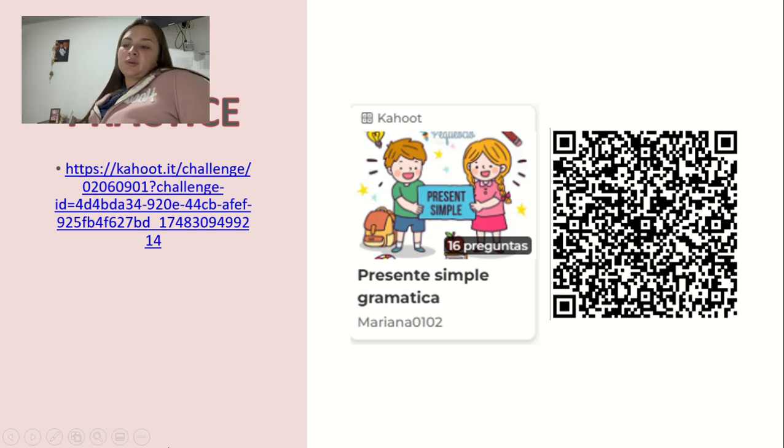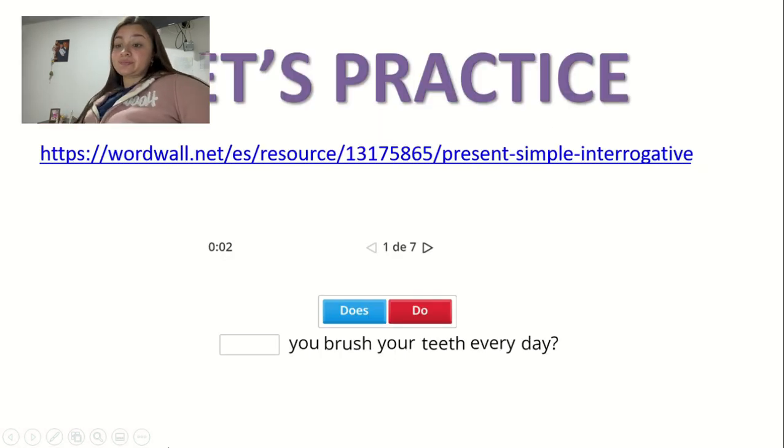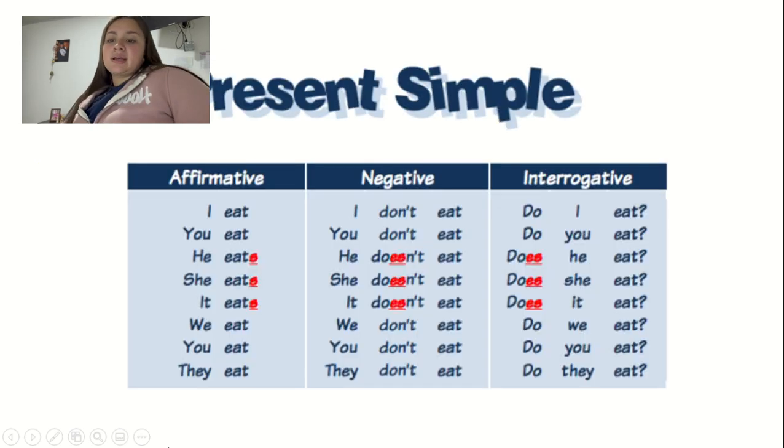Obviously we have a lot of practice that is talking about the question form. The students have to choose if we use the auxiliary do or the auxiliary does, and that is like a summary about a lot of things and subjects and steps that we learned in the class.